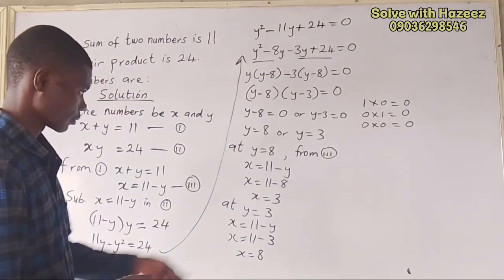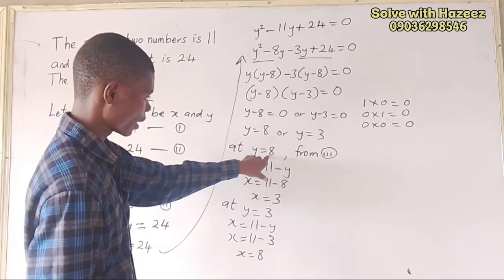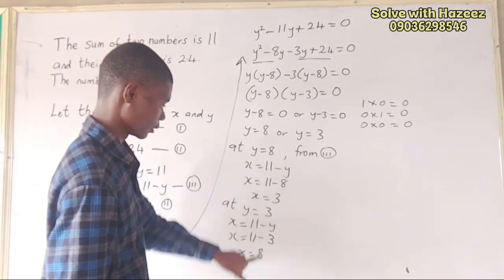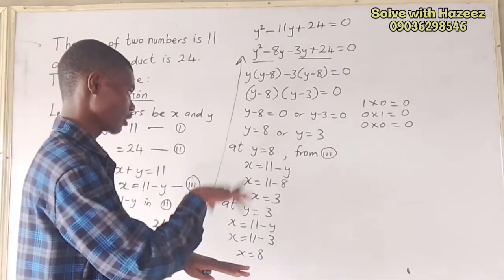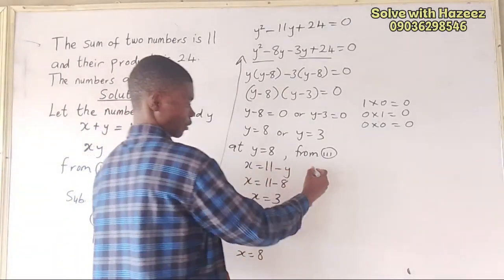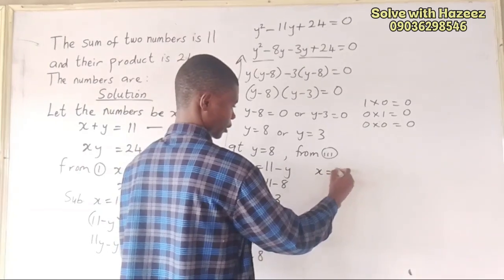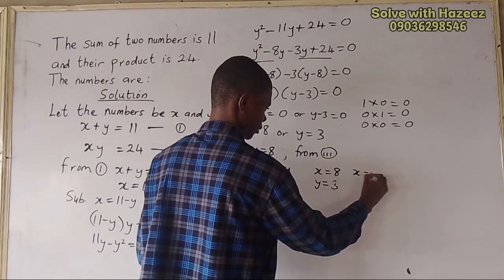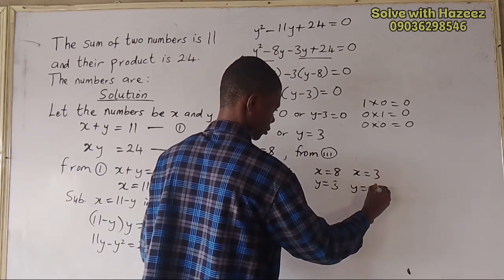So meaning at y equals 8, x equals 3. At y equals 3, x equals 8. You can see the numbers are simultaneous. That is, when x is equals to 8, y is equals to 3, and when x is equals to 3, y is equals to 8.